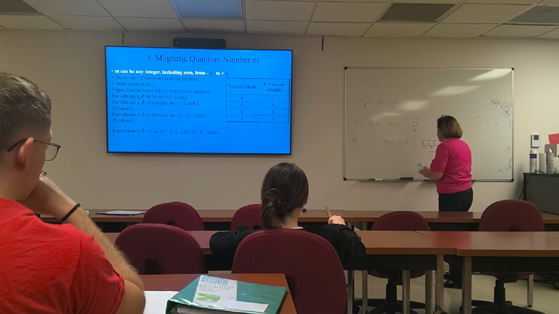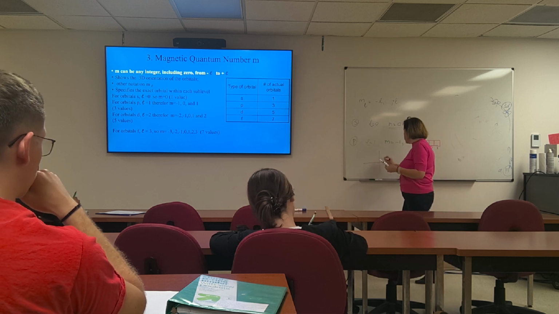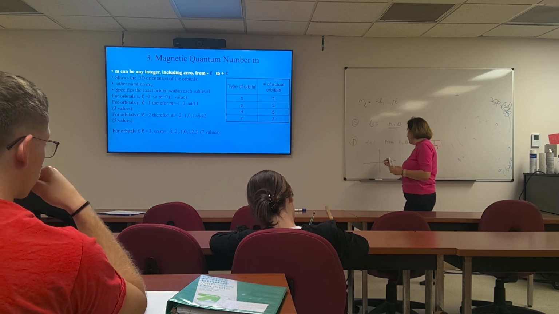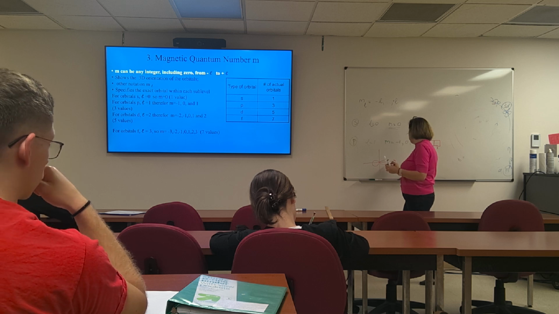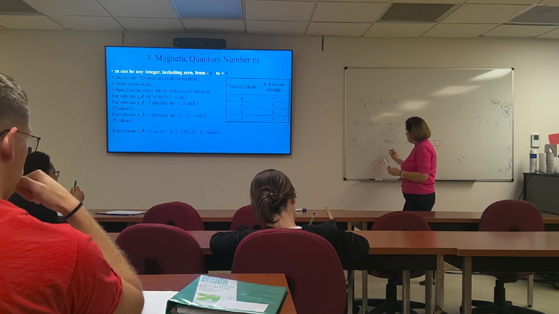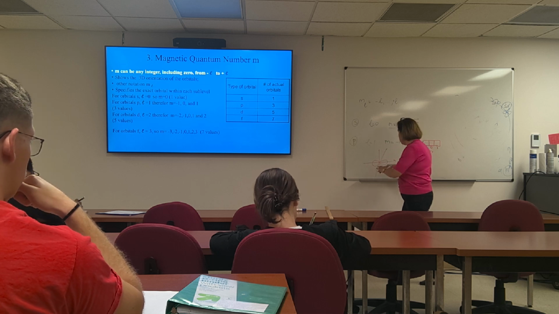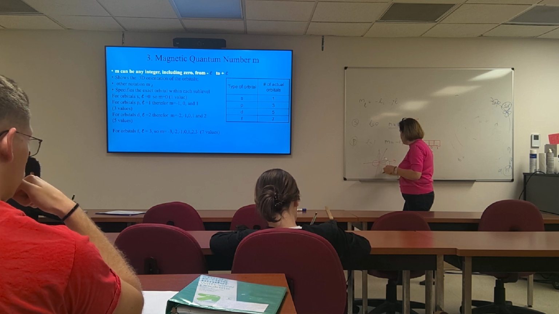And why is that? Because an orbital P is like a dumbbell, right? If you take the axes and start rotating the orbital, on the OX axis you have this, which is M equals -1. On the OY axis you have this one, which is the other value of M, 0.